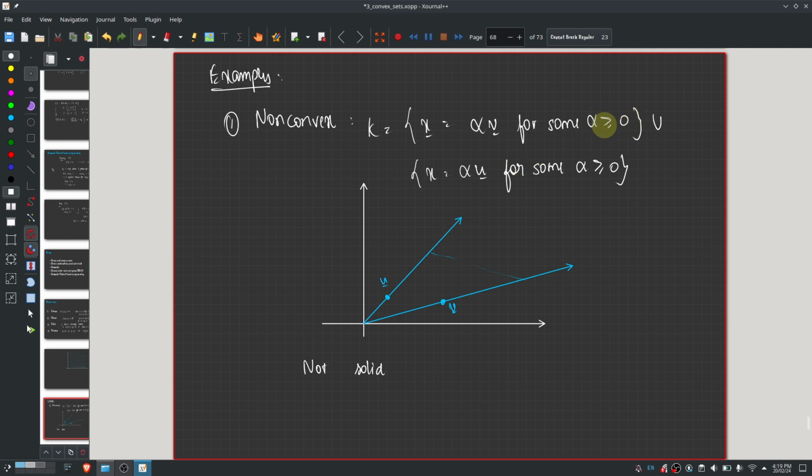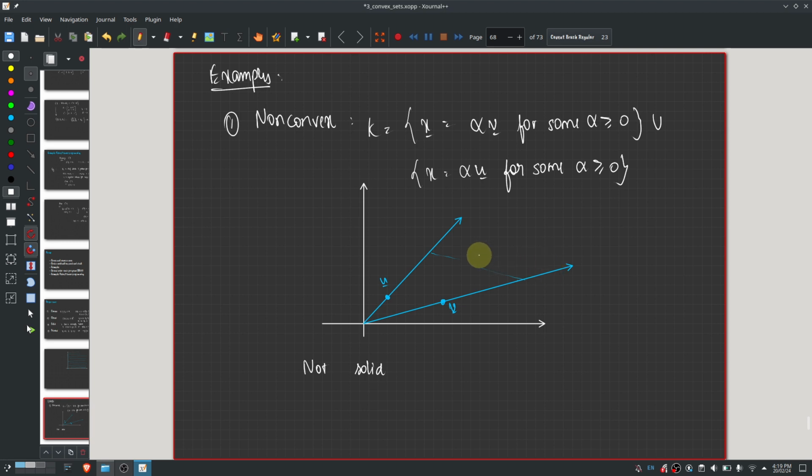If it converges, what should it converge to? Some non-negative number, right? Because I'm taking a sequence of non-negative numbers, it should converge to some non-negative number if it converges at all, right? But that would be some alpha star, right? So the point that it eventually converges to is some alpha star times v, which is still in this particular set. The same holds true if I take any sequence of points lying purely in this particular ray.